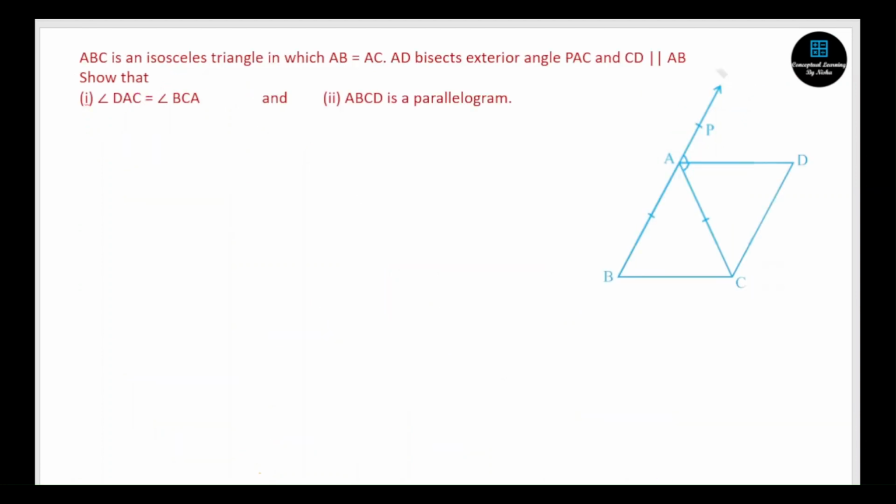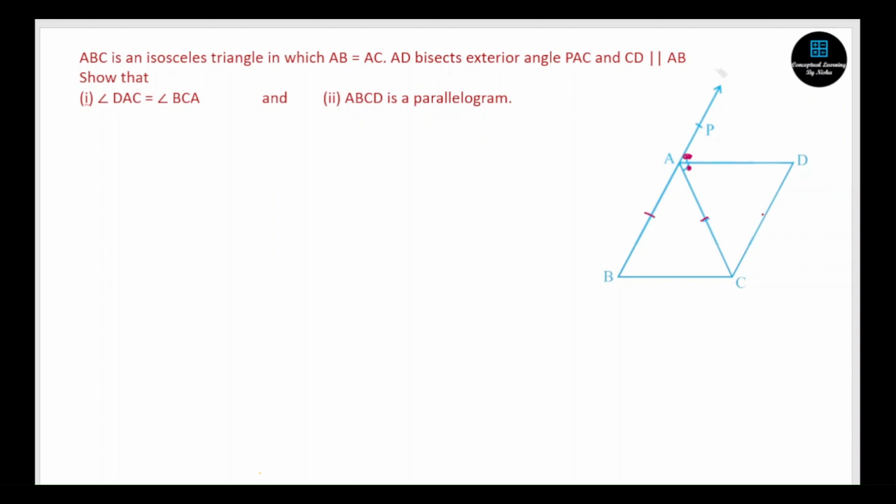Alright, now here in this question, ABC is an isosceles triangle which is given, where AB equals AC, and AD is the bisector of angle PAC, which is the exterior angle. So that means these two angles are equal, and CD is parallel to AB.